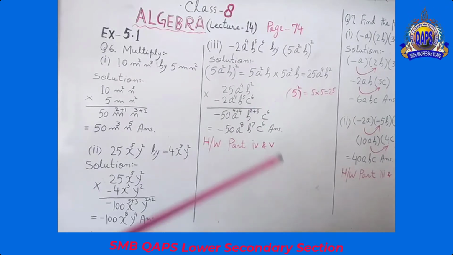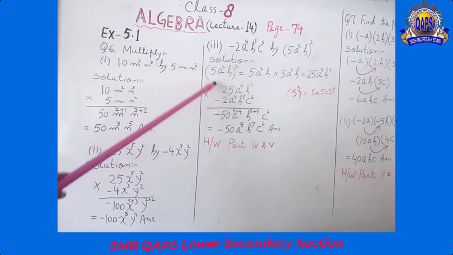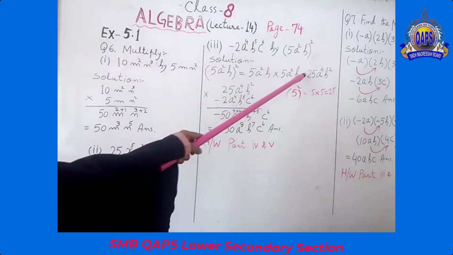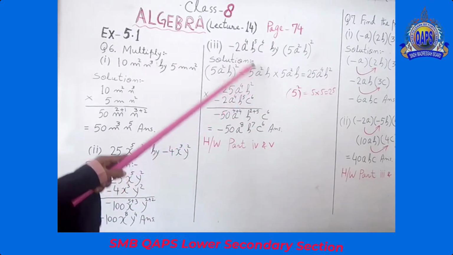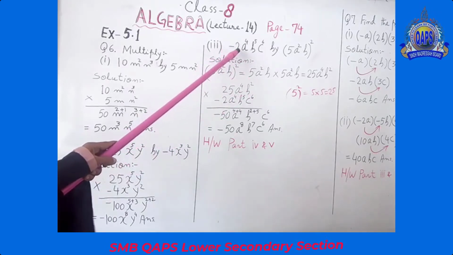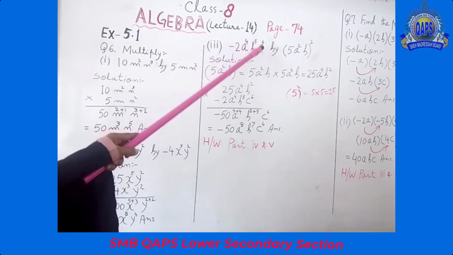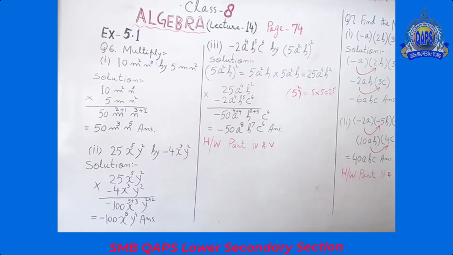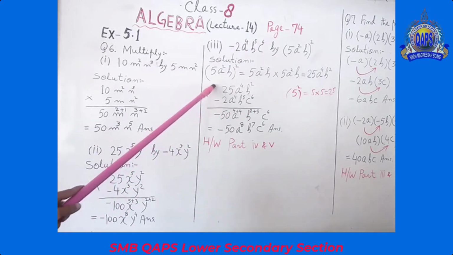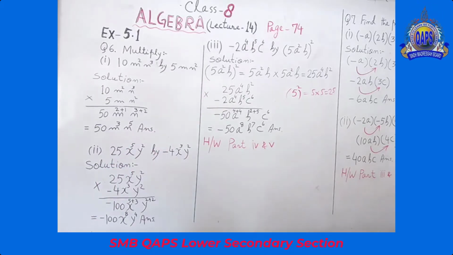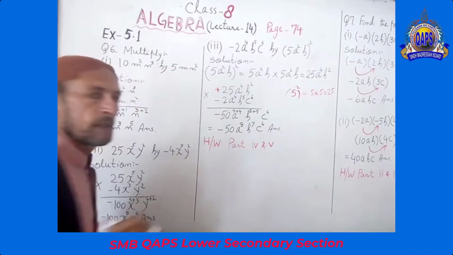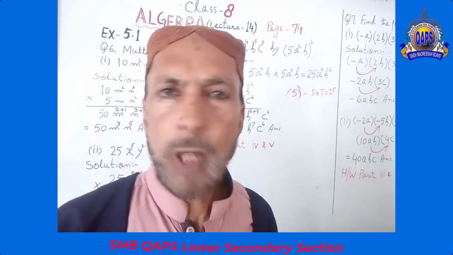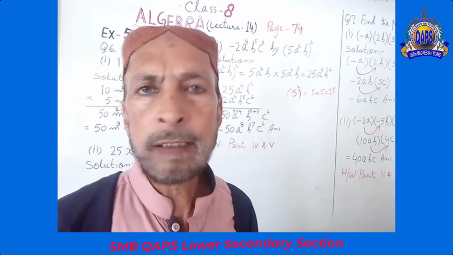Now see this thing. 25 a4 b2 multiply by minus 2 a4 b5 c6. As I told you, minus into plus, this is plus, but we do not write plus in the beginning.